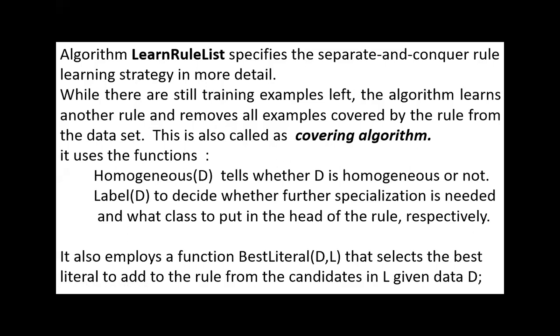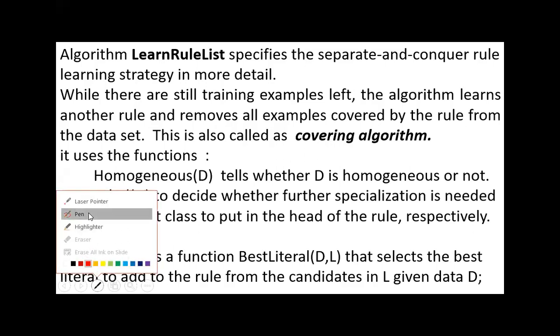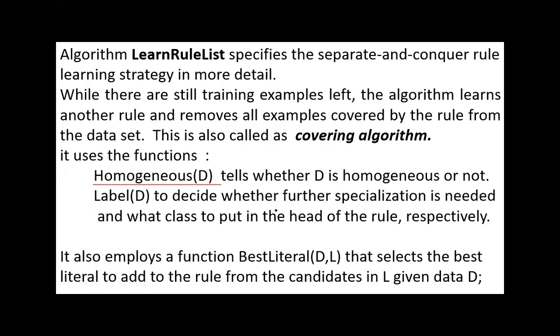Let us assume that homogeneous is a function. When we pass D as a parameter to homogeneous, it tells us whether this is the last one or a similar one or not. This is the homogeneous function.